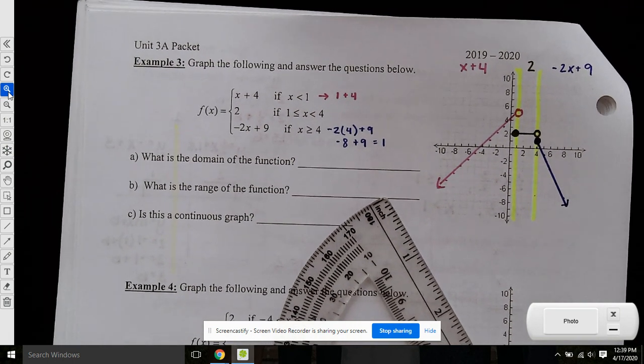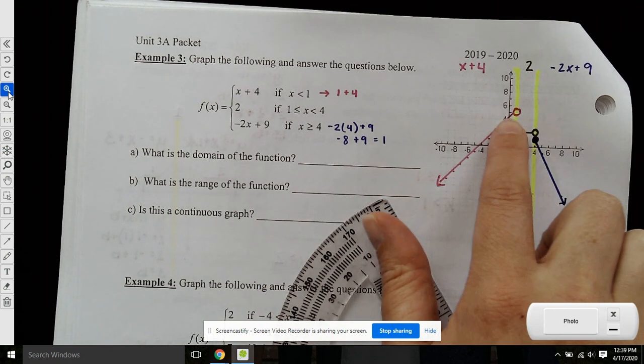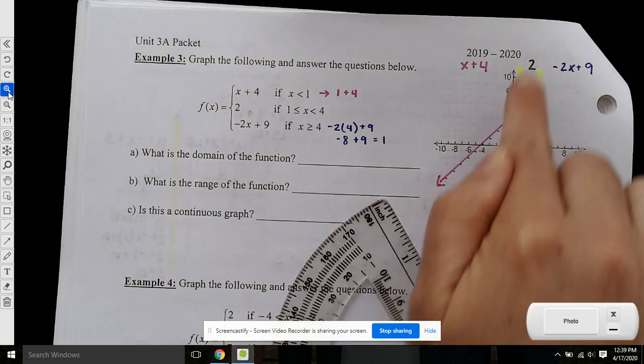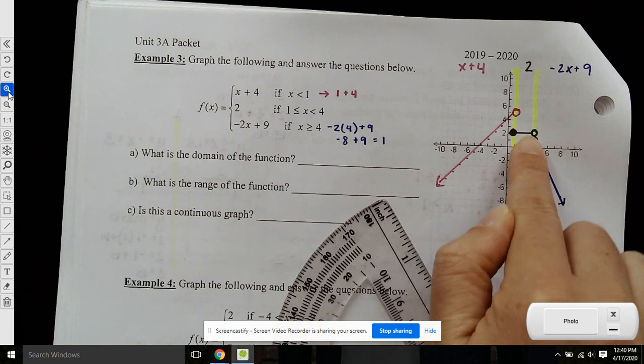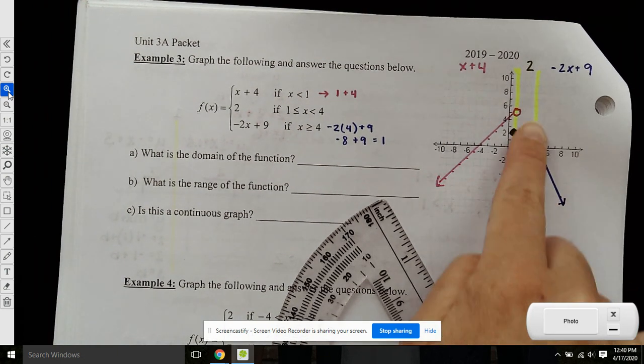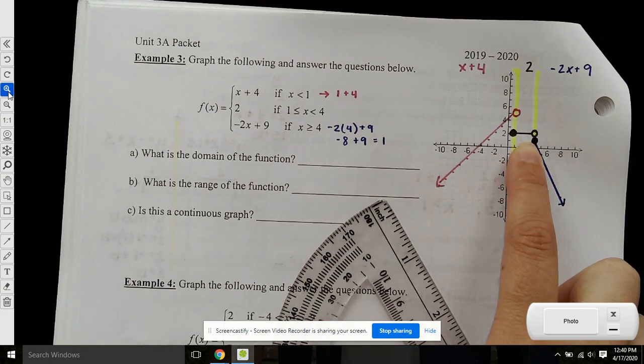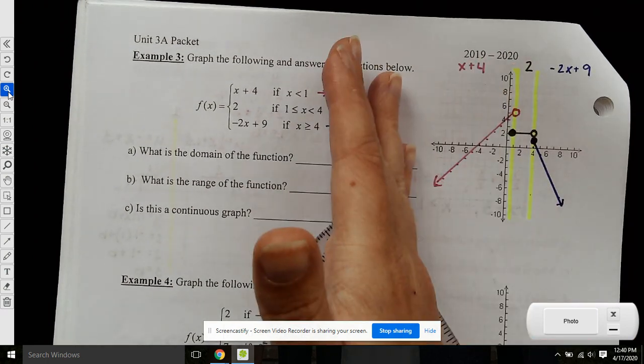So notice in this section, I have x plus 4, positive slope, y-intercept of 4. In this section, I have the value of 2. And in this section, I have negative 2x plus 9, negative slope. This one, you cannot see the y-intercept because it doesn't go over to that side.